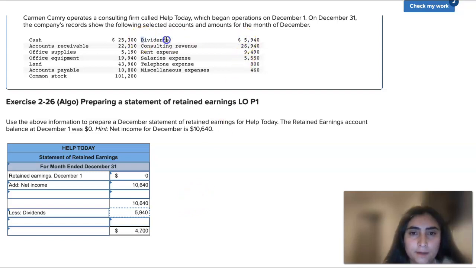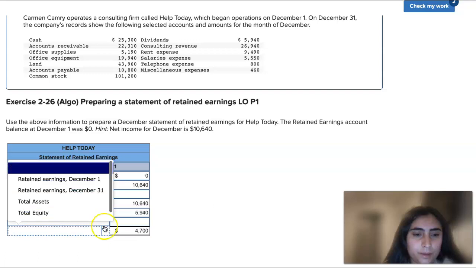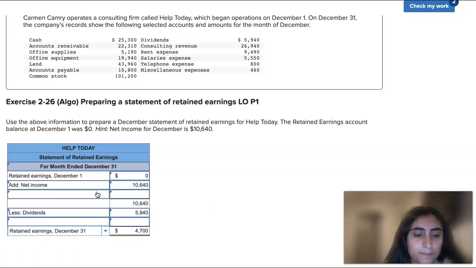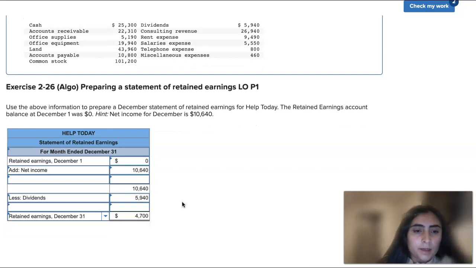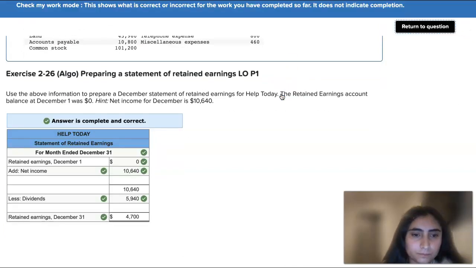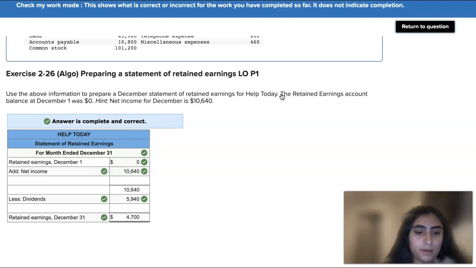In my case, dividends is 5,940, and we have to put in here December 31st. We pretty much do the same in both scenarios. And we check my work, and it is complete.